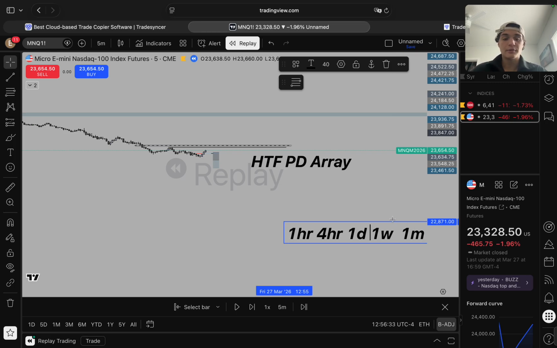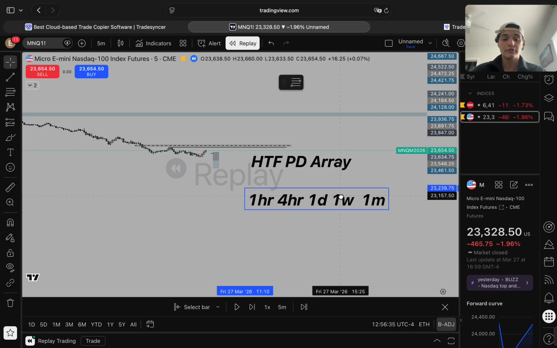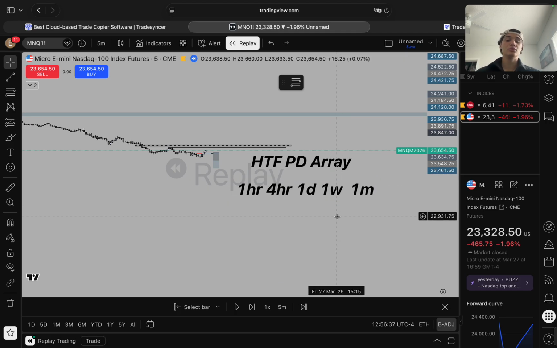But I don't really use the monthly or the weekly. That's just more if we're getting closer to a big liquidity pool or a big low. That's only when I would really use it. So I usually use the 4 hour, the 1 hour, and the daily.